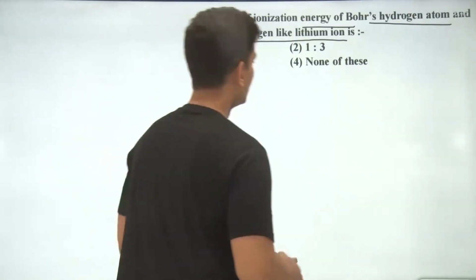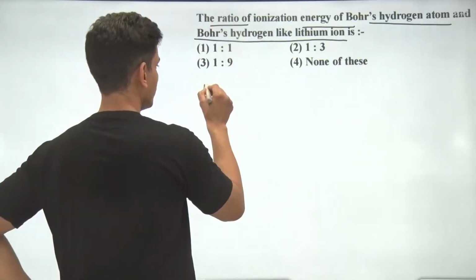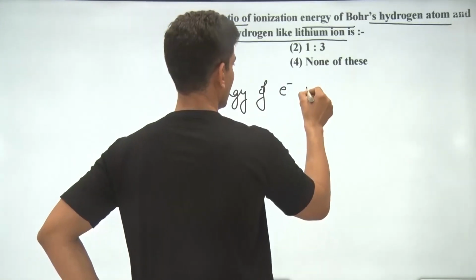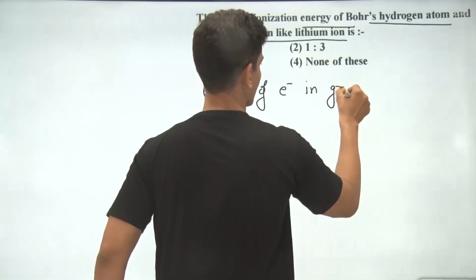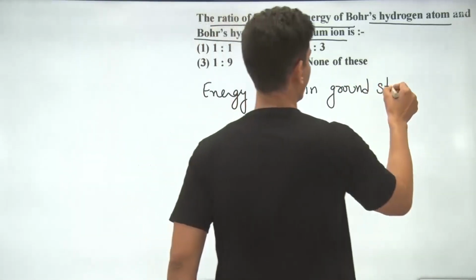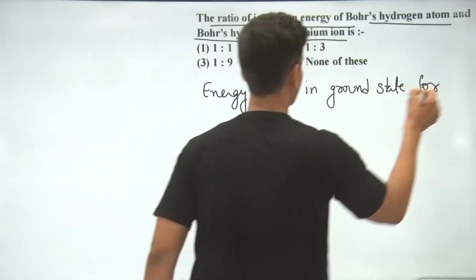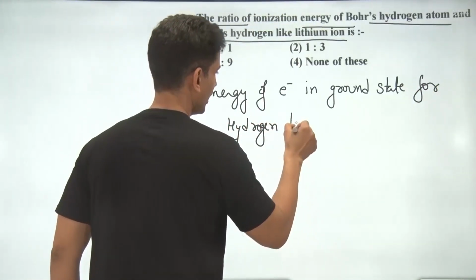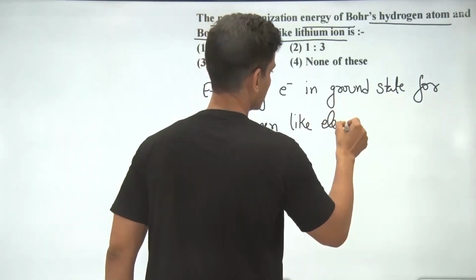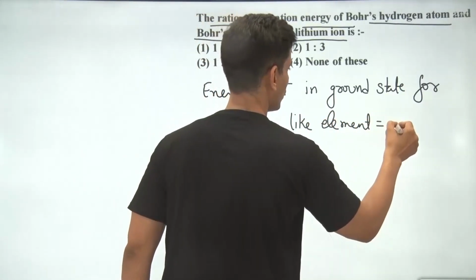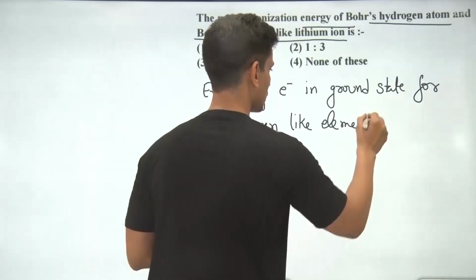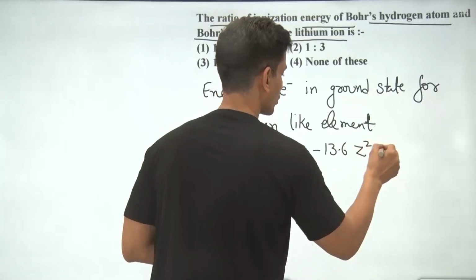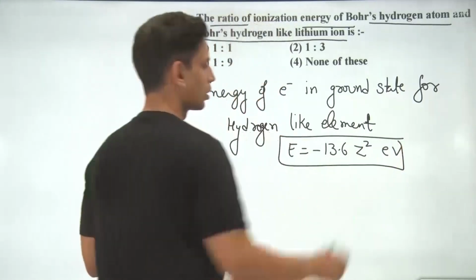Okay, so the energy of an electron in the ground state for a hydrogen-like element is equal to minus 13.6 Z squared electron volts.